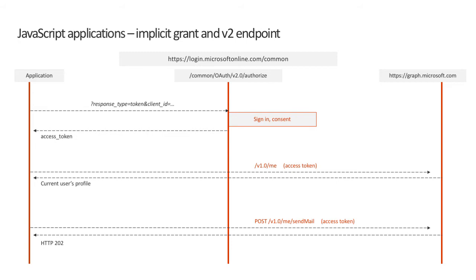Well, the implicit flow differs from the one that we saw in the last section, called the Authorization Code flow, in the sense that there's no code that is returned back to the application to go fetch an access token. Instead, I'm just going to log in, and then the application is going to get the access token back from Azure AD.